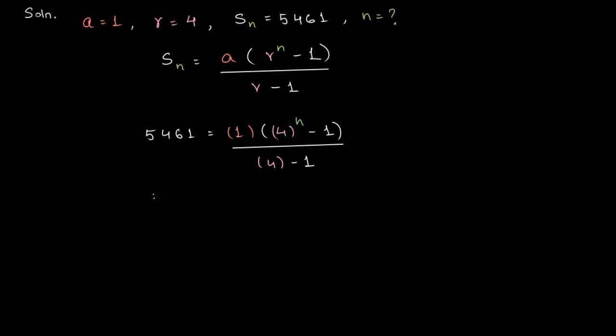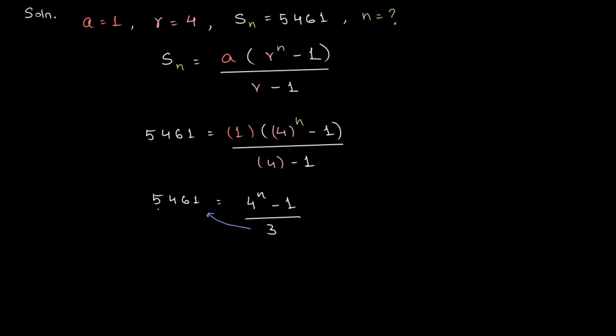So 5461 is equal to, it's just a 1 here, so no need of writing that again. We have 4 raised to n minus 1 in the numerator divided by 4 minus 1, which is 3. So let's shift the terms around. 3 in the denominator here, taken to the other side, goes to the numerator, like division becomes multiplication.